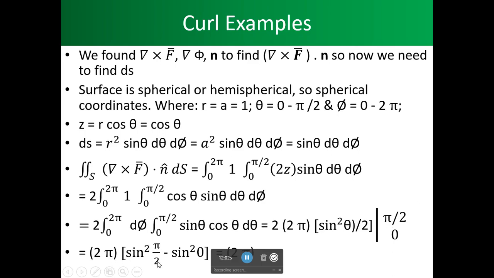So we take the sine squared at pi over 2 minus the sine squared at 0. That goes to 0. And so basically all we have left is our pi over 2.